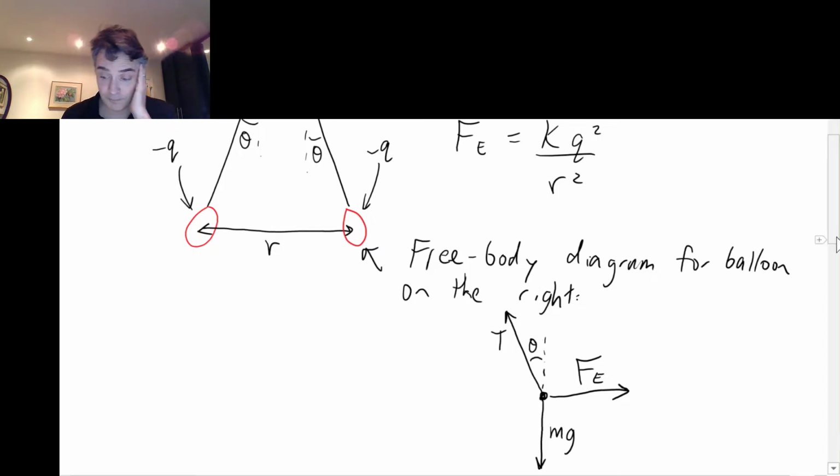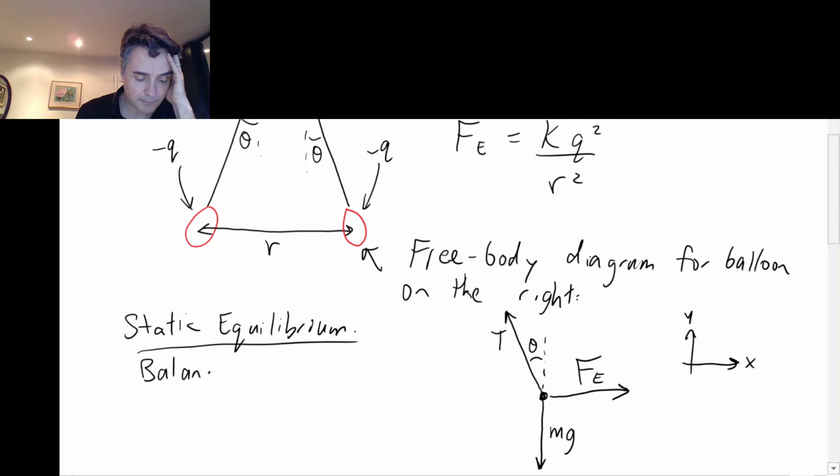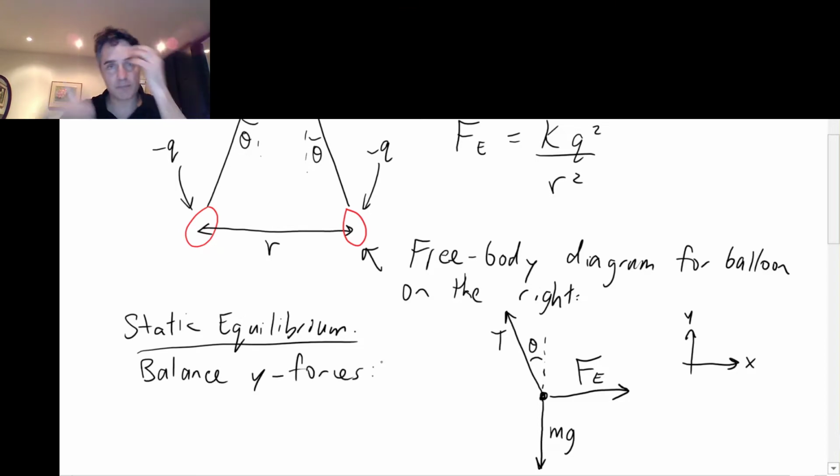So the way I would do this is I would balance. This is static equilibrium. And so if you set up your y-axis to be up and down, your x-axis to be left to right, if you balance the y forces, then all the forces pulling upwards equal all the forces pulling downwards.